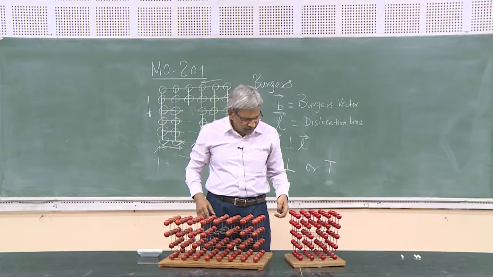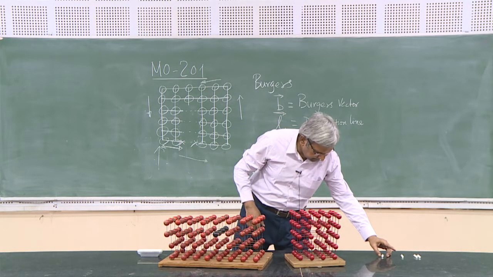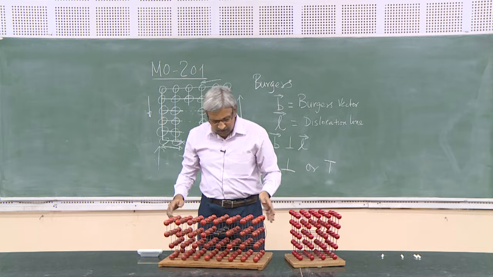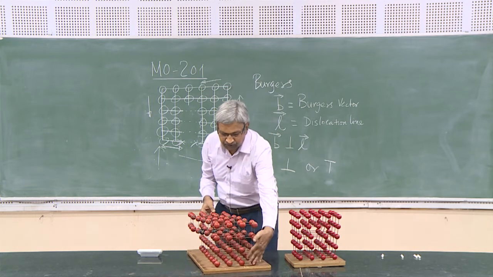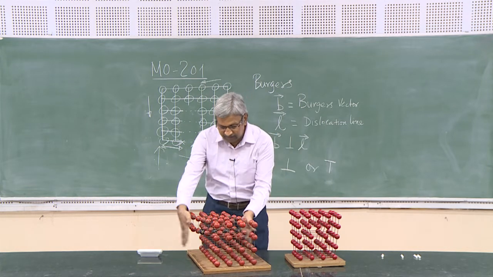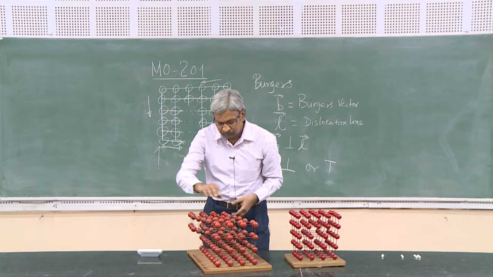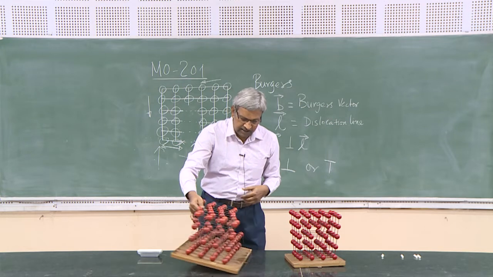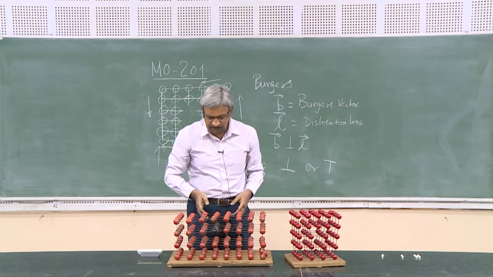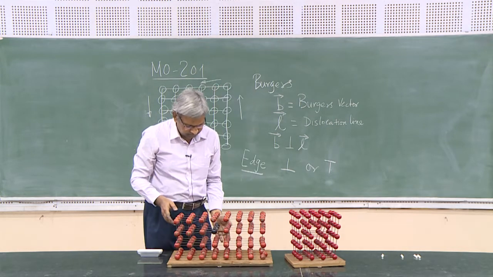So what I will do is that I will try to lift it, and obviously this face I have already shown you. Now I am showing the other face, this face, okay. So it is easier for you to appreciate what I am trying to say.